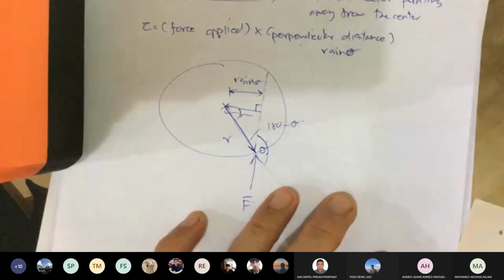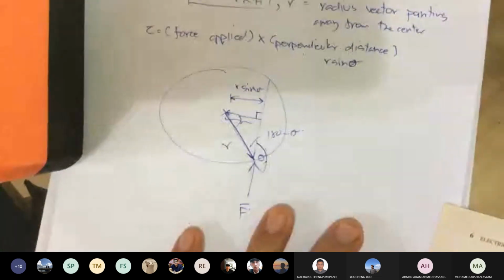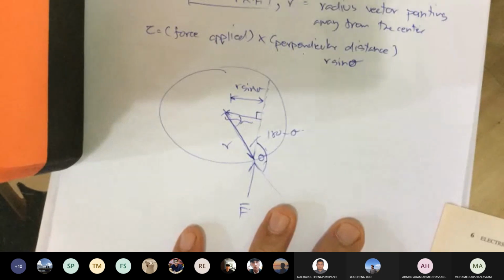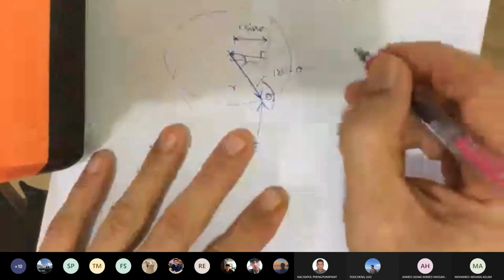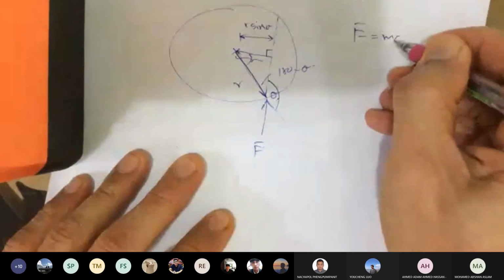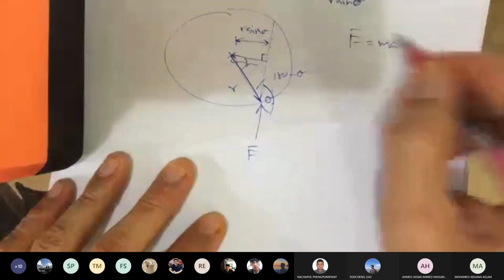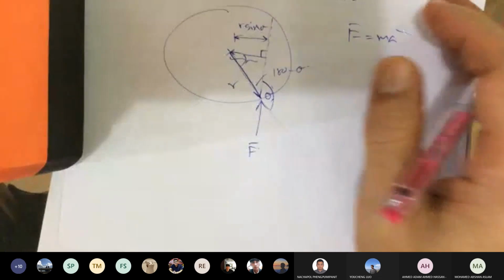Actually, if you read the book, it shows you the proof. Now, back to the Newton's law that we discussed: force is m times a in linear motion. So we map the analogy, the table that I just drew right here.